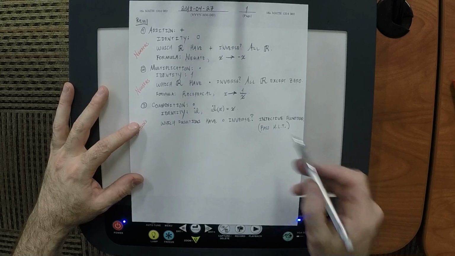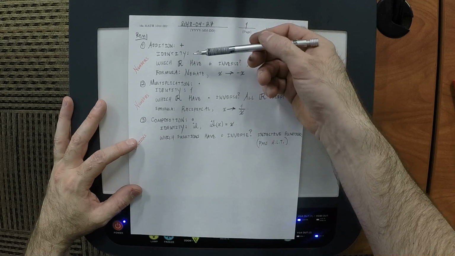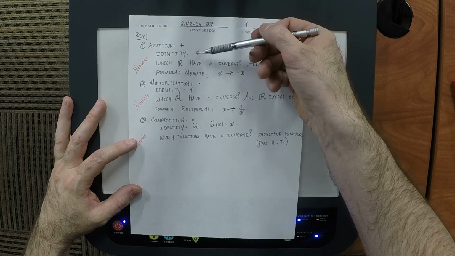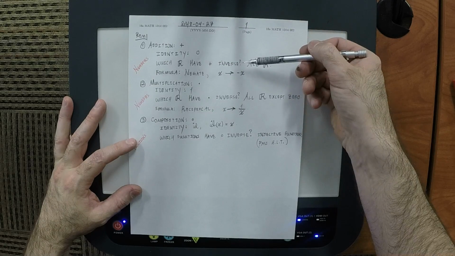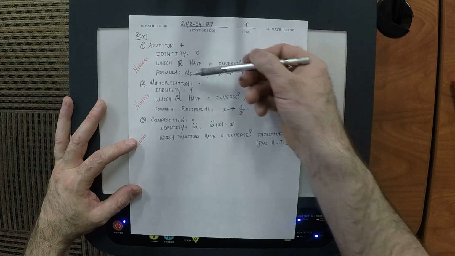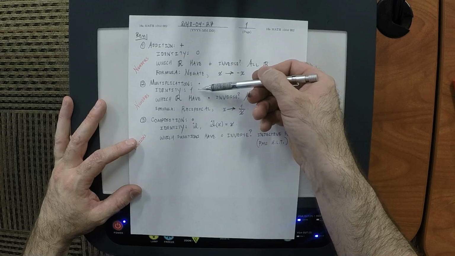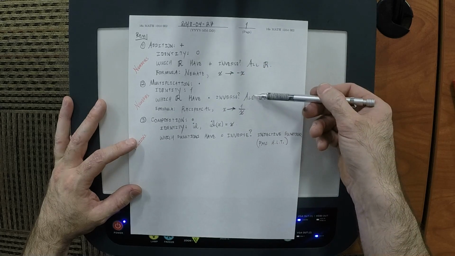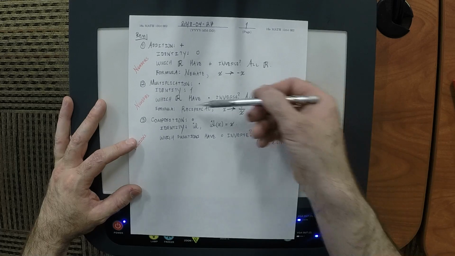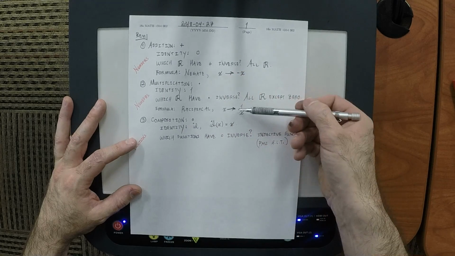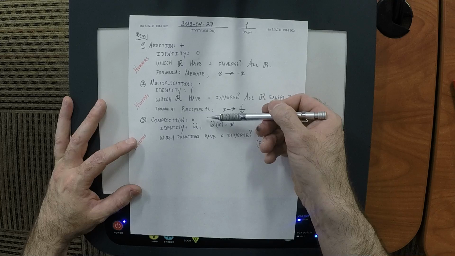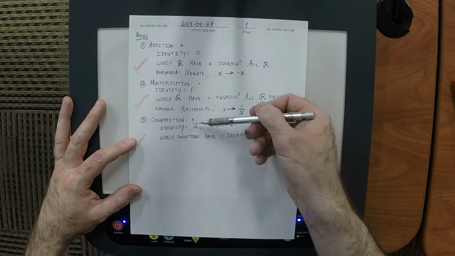Okay. So now, again, with this structure here, for addition, we said, what's the identity? 0. Which ones have an additive inverse? All of them. What's the formula? Negation. For multiplication, what's the identity? 1. Which of them have a multiplicative inverse? All of them but 0. What's the formula? Reciprocal. For function composition, what's the identity?